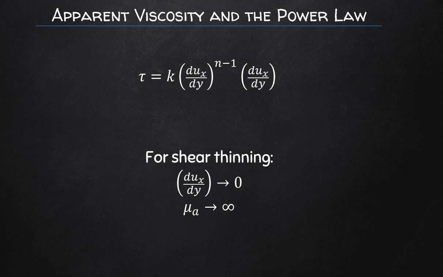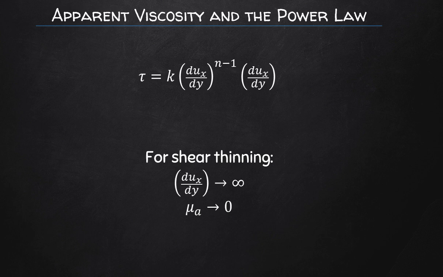So for fluids that exhibit shear thinning, typically we would approach low shear rates, and as we decrease the shear rate, the viscosity increases more and more and will approach infinity.